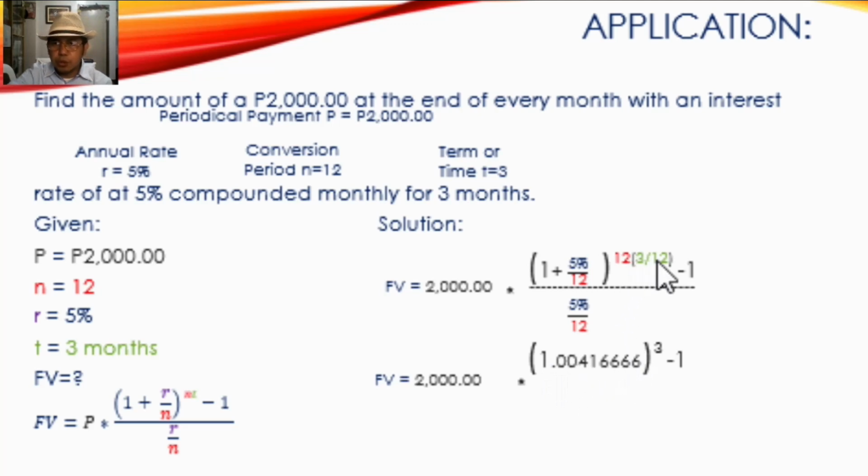Of course, this is to be raised to the power of 3, minus 1, divided by the result of 5% divided by 12, which is 0.0041666. So that is the value.